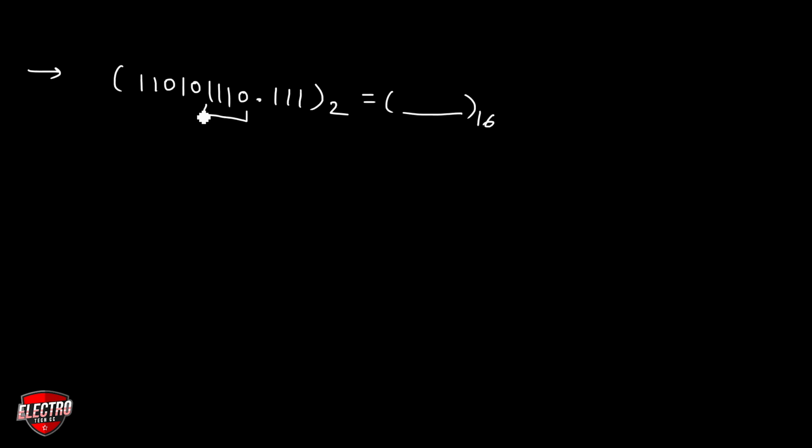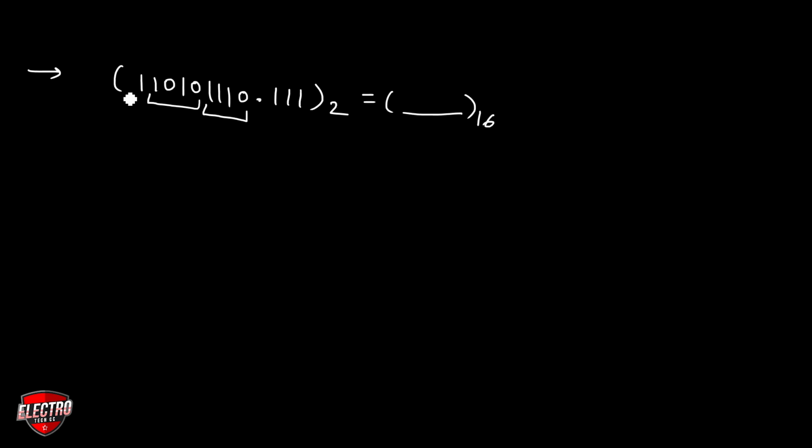Let's take one more example. For example, the given question is 11110101110.111 as the binary number, and we want to convert this binary number into hexadecimal number. Okay, so first step, divide the given number into groups of 4 bits. In the first part we can divide the given number into groups of 4 bits.